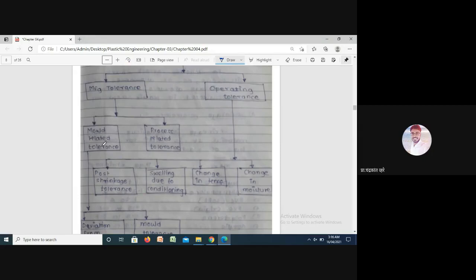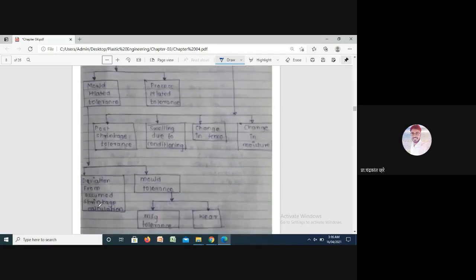Mold-related tolerances are again divided into two cases here. See the deviation from assumed shrinkage calculations. This means initially we need to define the shrinkage of the part while designing the mold. Suppose you have an X grade plastic material and a Y grade plastic material.